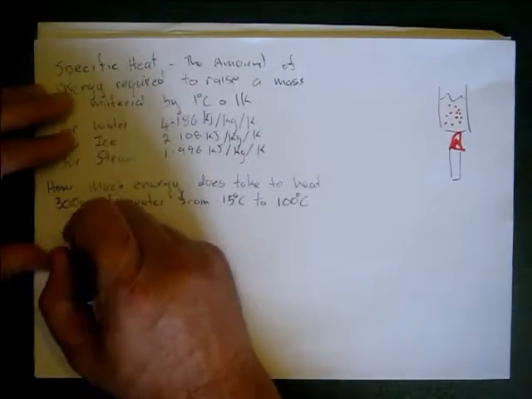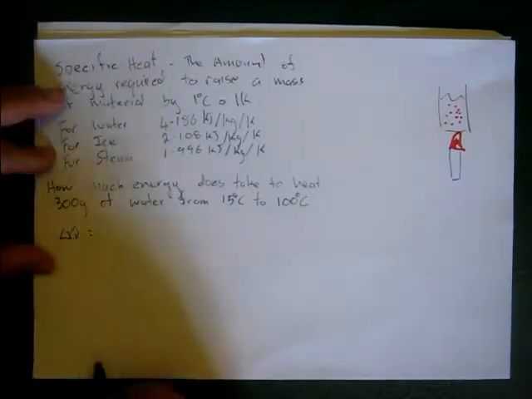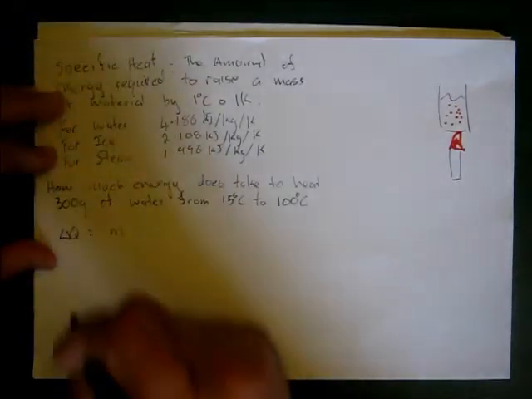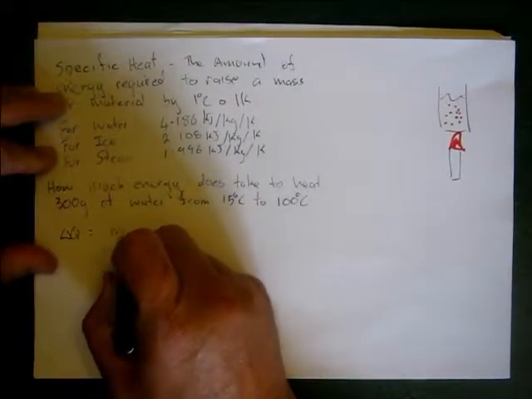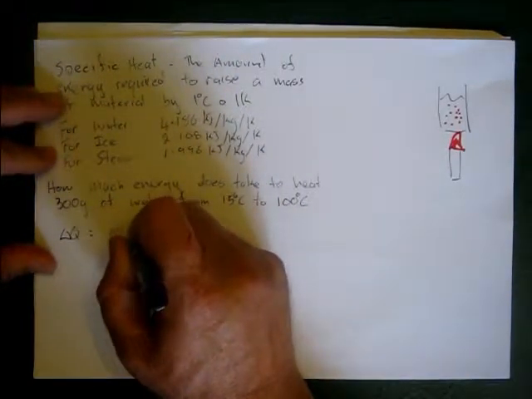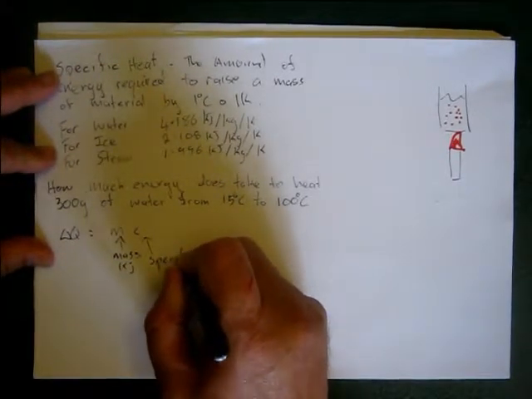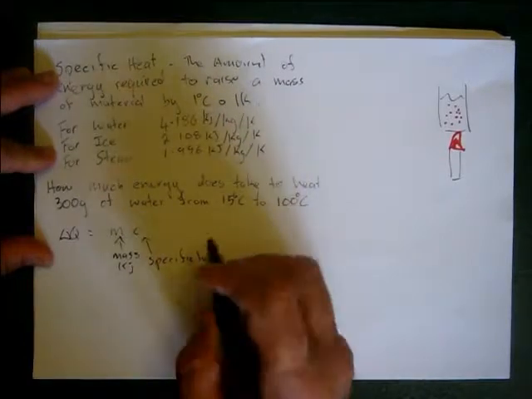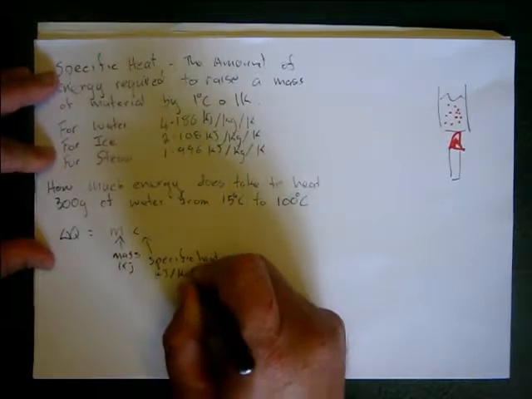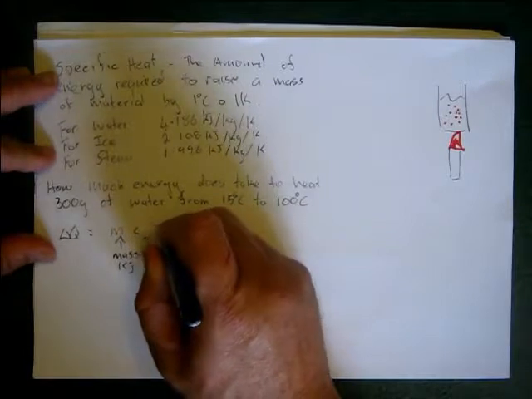So Q, which is going to be the heat energy, equals the change in the energy, is going to equal the mass measured in kgs, times C, which is going to be the specific heat, and that's going to be in kilojoules per kg per Kelvin, times the change in temperature.